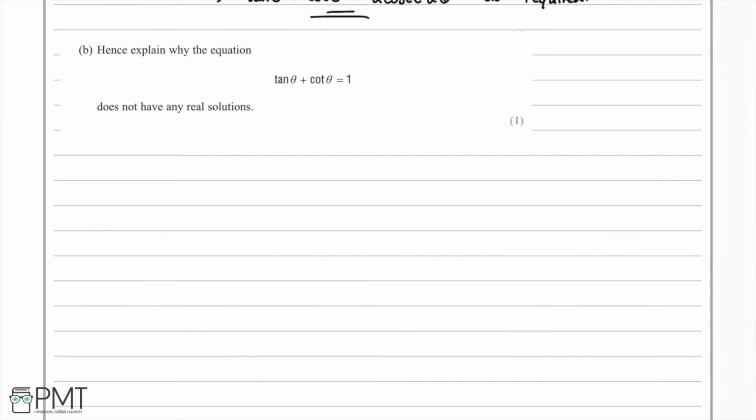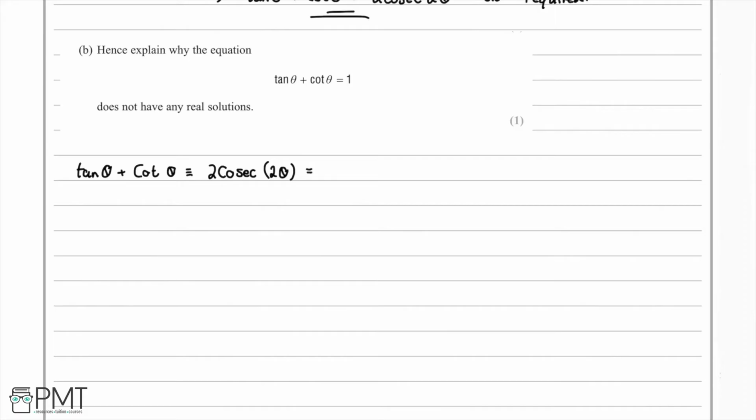We are asked to explain why the equation tan theta plus cot theta equal to 1 does not have any real solutions. So we recall from question 1 that tan theta plus cot theta is going to be equivalent to 2 cosec 2 theta.